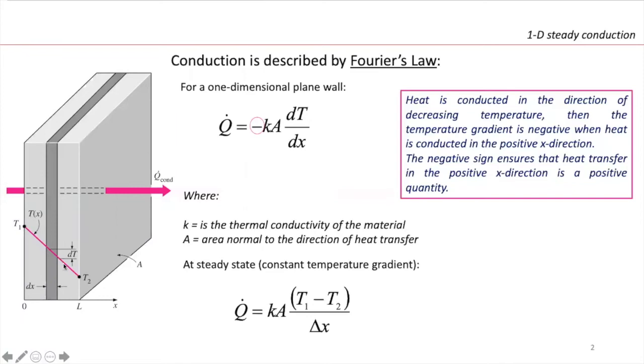Because we have a negative slope here. Since the heat is conducted in the direction of decreasing temperature, as you can see in the slab, the temperature gradient is negative when the heat transfer is conducted in the positive direction. And that's why we add this negative to ensure a positive heat transfer rate.